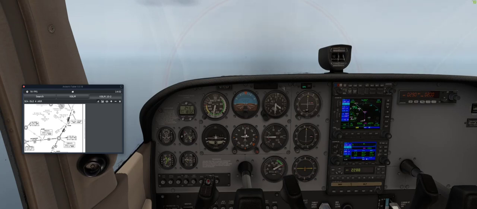If we're flying, yeah, this is our heading, and we want to put our heading bug right here, and then we want to go into heading mode so that it's now just simply flying that heading. And now when I select that arrival, it's going to say transitions. Where do you want to pick this up at?